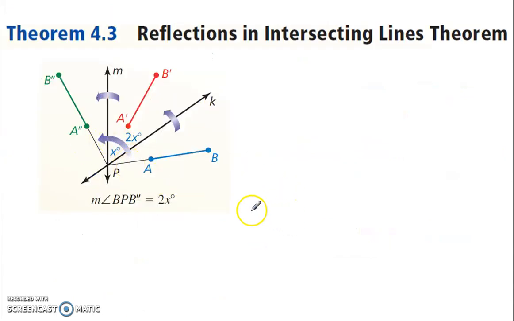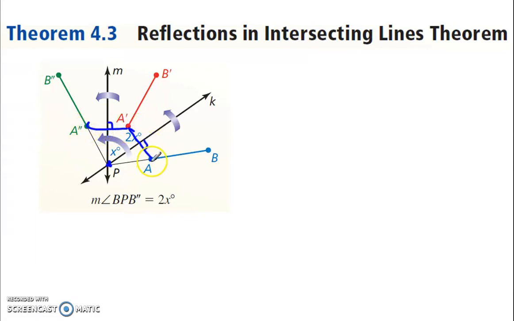Alright, reflections in intersecting lines. When you reflect something in 2 intersecting lines, it's like a rotation about the point P where those lines intersect. So from here, remember this is always a perpendicular line. The reflection, that's a perpendicular line right there. And then we have another perpendicular line here.